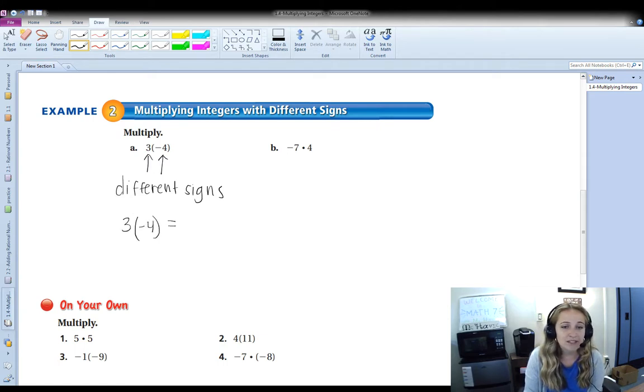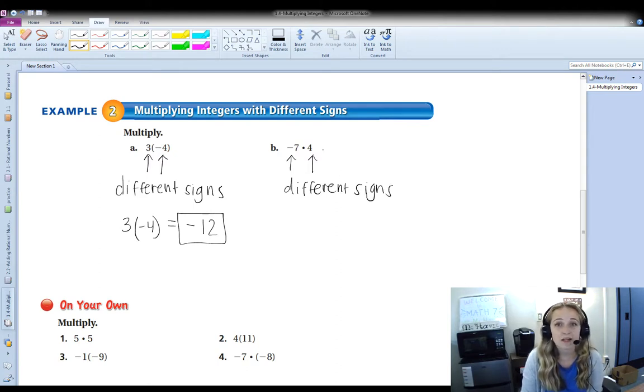Therefore, 3 times -4 is going to be -12. Okay, let's look over here. 7 is negative. 4 is positive. Again, these have different signs. Since these have different signs, I know my answer is going to be negative. So I know -7 times 4 is going to be -28.